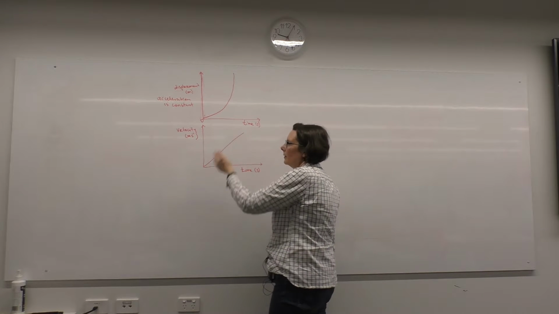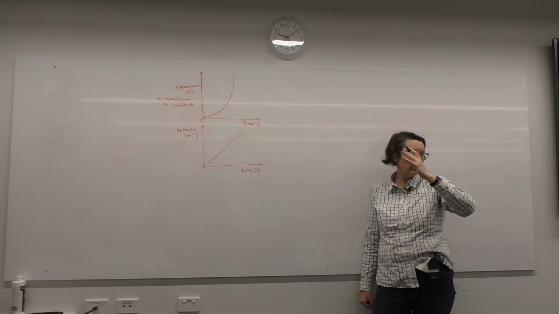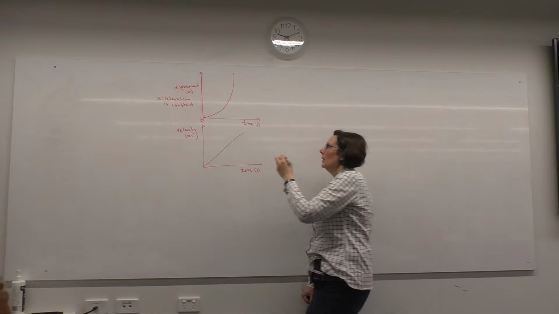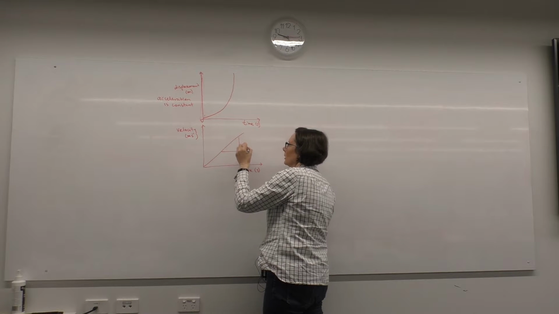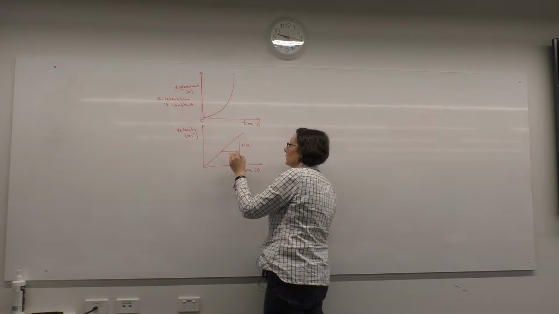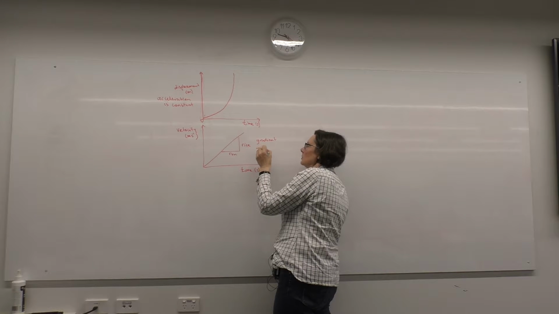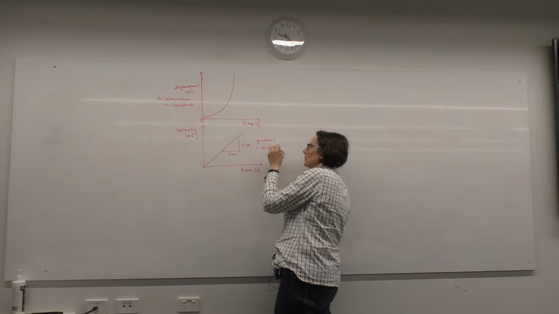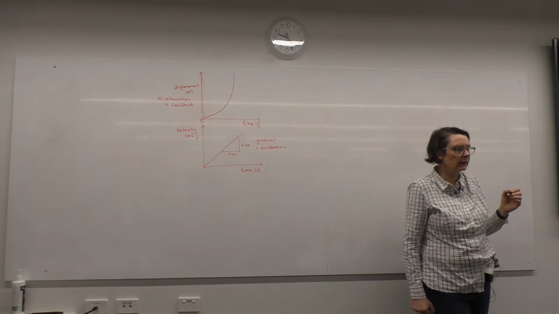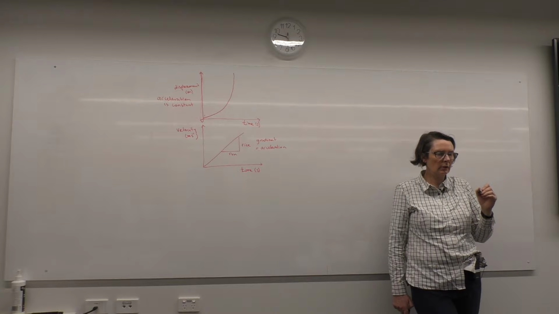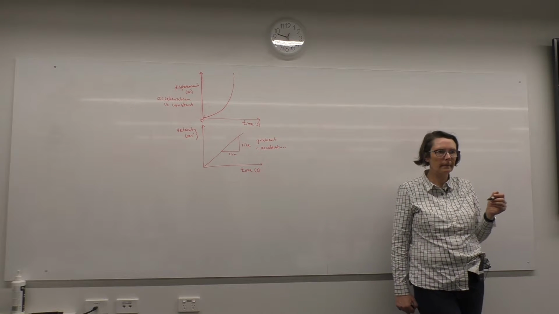This same motion results in a straight line with a positive gradient, so slope, rise over run, so the gradient is equal to the acceleration. So I can calculate the acceleration of the object by finding the gradient on a velocity time curve.